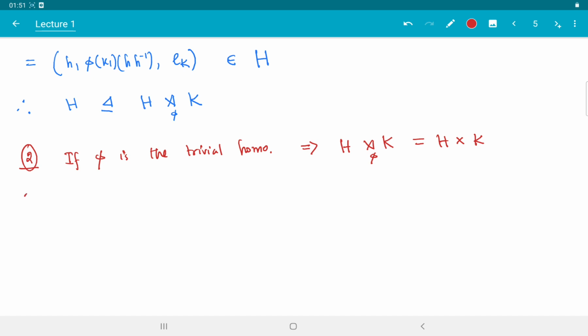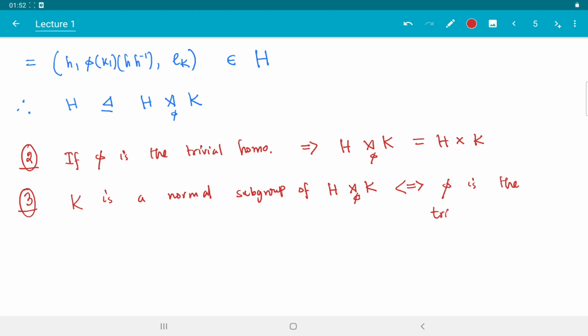Okay, and you can also check that K is a normal subgroup of this product if and only if phi is the trivial homomorphism.